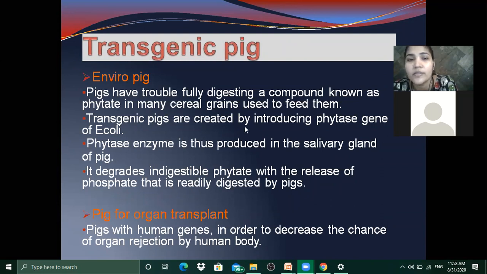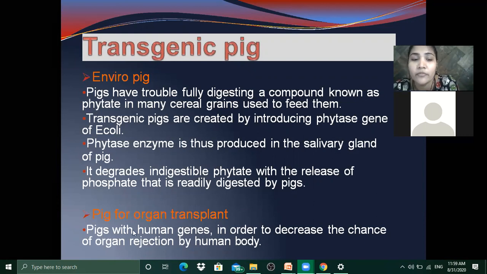So transgenic pigs are created by introducing the phytase gene of E. coli. Phytase enzyme is thus produced in the salivary gland of the pig, and it degrades the indigestible phytate with the release of phosphate that is readily digested by the pigs. So they have genetically modified this pig to make sure that it can digest that cereal grain.